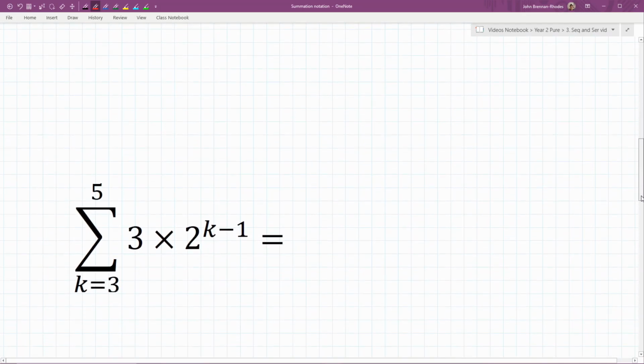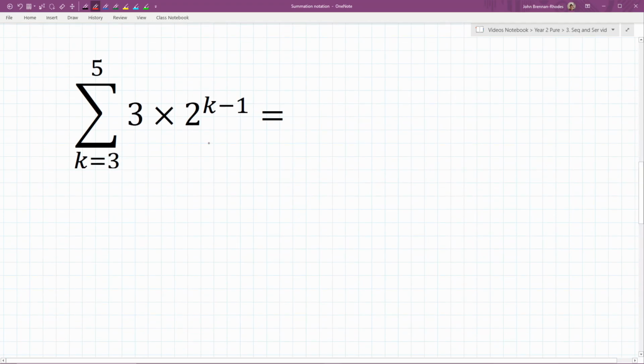Okay, let's do another example, with a bit more going on. I've got to start at k equals 3 here. I put it into this expression very carefully, and I can see I've got 3 times 2 to the 3 minus 1. If I put k is equal to 4 into it, because I'm going from 3 to 5, I add to that 3 times 2 to the 4 minus 1.